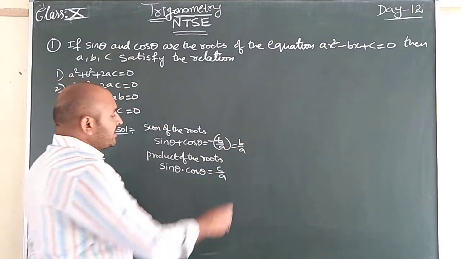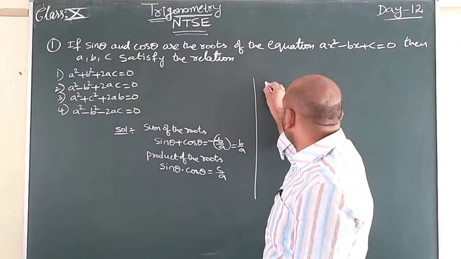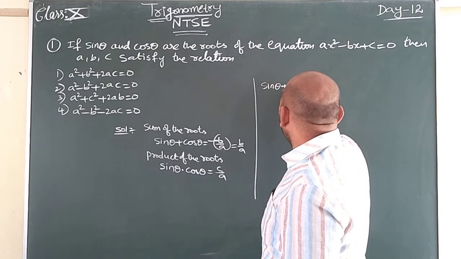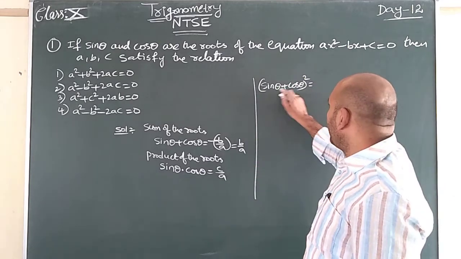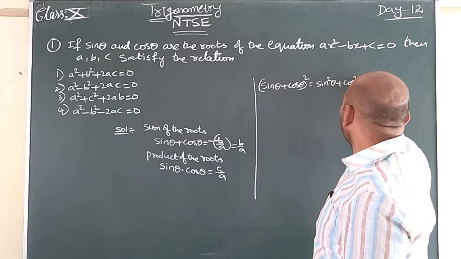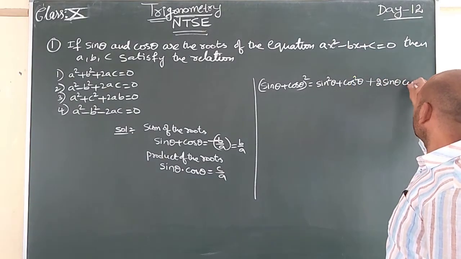So now let us take sin theta plus cos theta whole square, which is equal to, by the a plus b whole square formula, sin square theta plus cos square theta plus 2 sin theta cos theta.